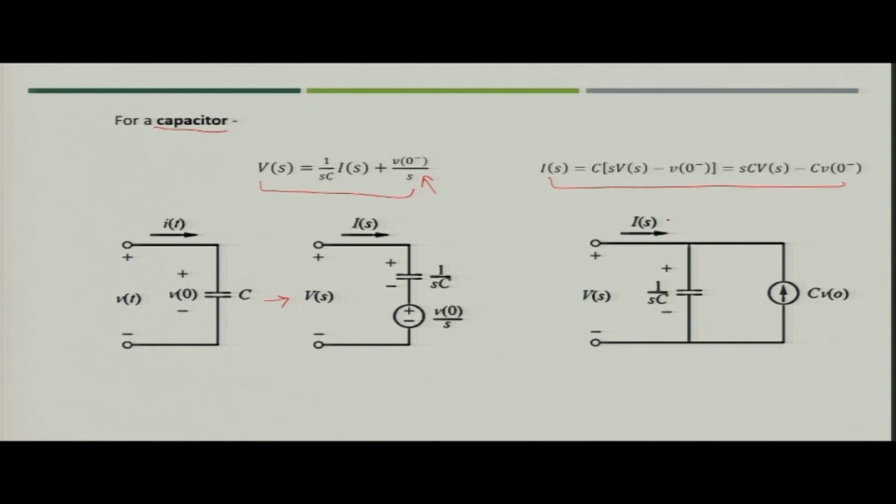Similarly, the equivalent current source will also be represented when you are finding the current flowing through the capacitor in S domain, and C V naught, the virtual current source, will have its direction opposite to the current flowing from the voltage source V(s), because you have the negative sign here. So, these things we discussed in our previous class, and then we utilized these equivalent circuits, created the circuit in S domain and solved it.